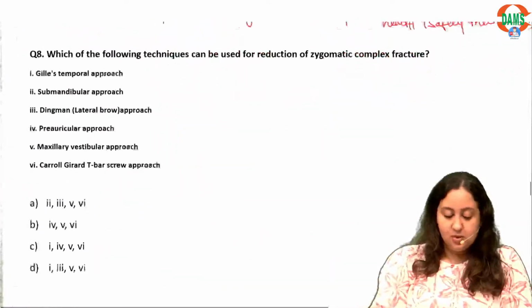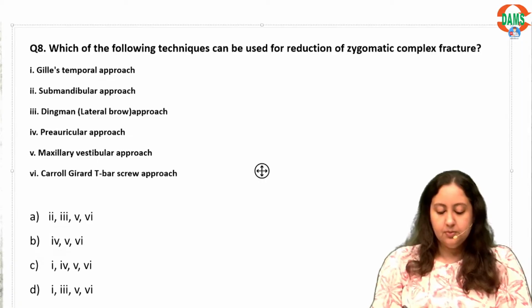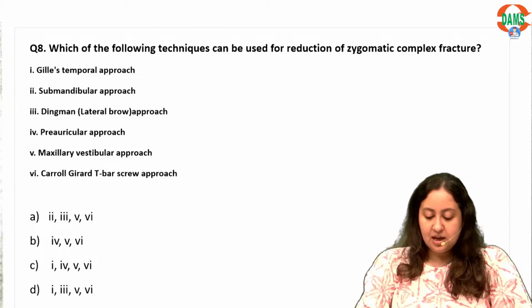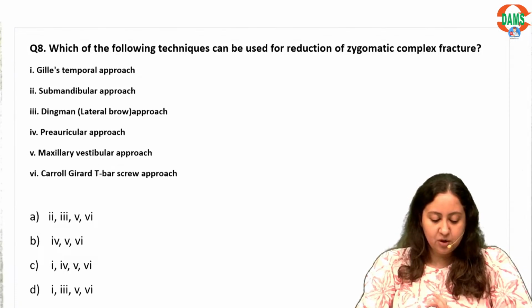Now let's come to the next question. Which of the following techniques can be used for reduction of zygomatic complex fracture? 1. Gillies temporal approach. 2. Submandibular approach. 3. Dingman or lateral brow approach. 4. Preauricular approach. 5. Maxillary vestibular approach. And 6. Carrel-Girard T-bar screw approach.